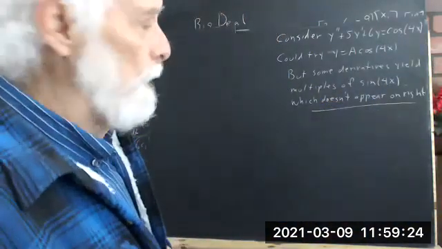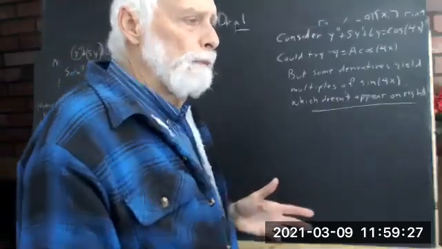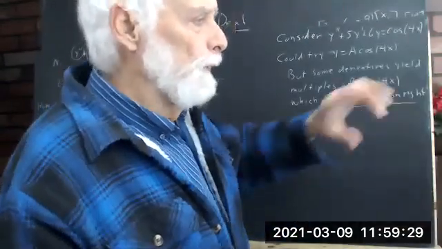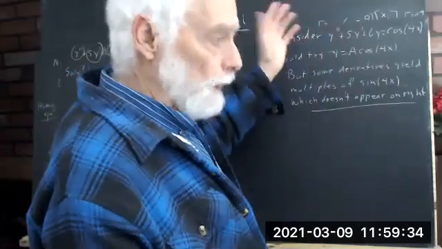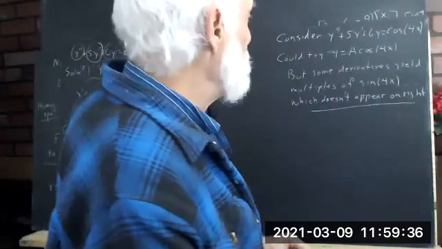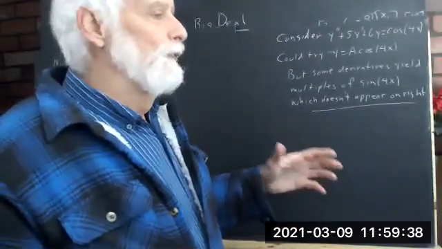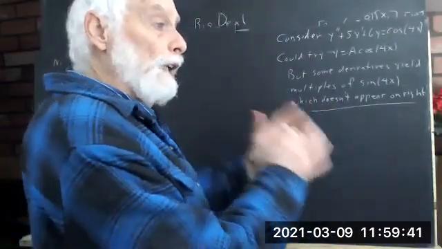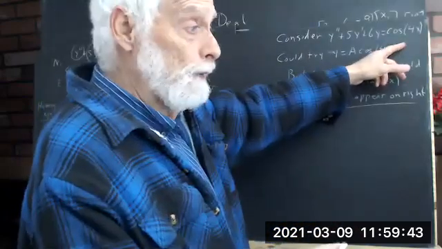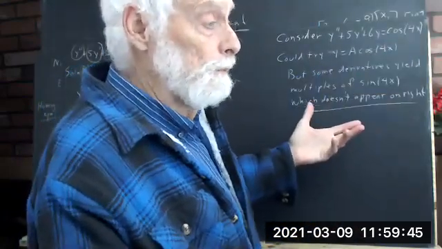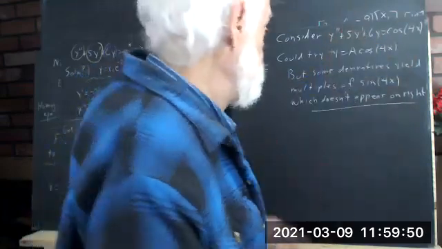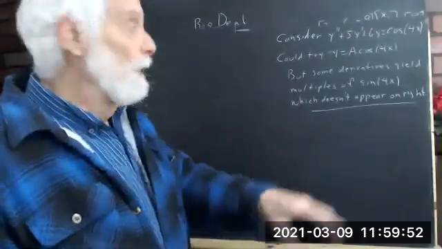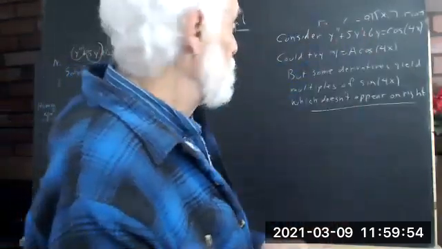I'll just say it doesn't appear on the right. Well, what we have to do then is add multiples of the sine of 4x. Now that'll give us some cosines of 4x. It'll give us more sines of 4x. And we'll be able to then say, okay, whatever the coefficients of the sines are for this function, they've got to add up to 0. And the coefficients of the cosines have to add up to 1. We're going to have enough parameters and enough derivatives that that's going to work out.